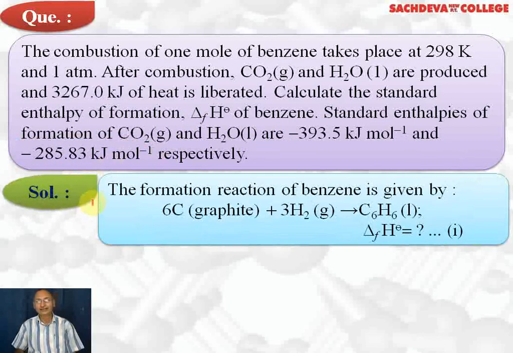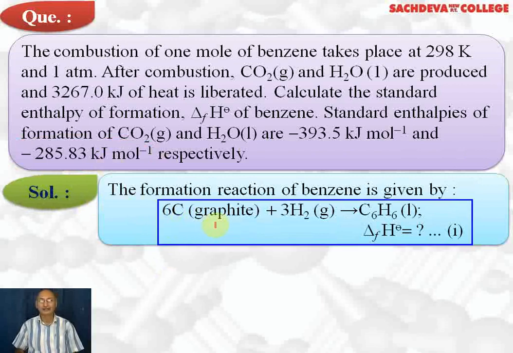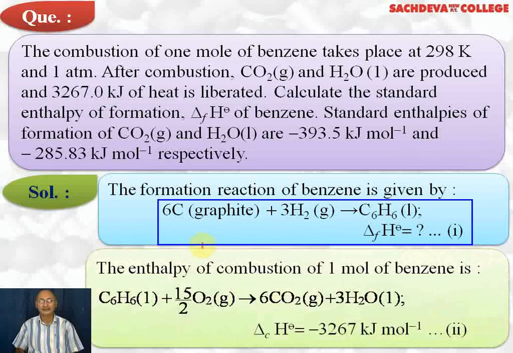The way of doing it, first we write the target equation, that is the formation of benzene. Formation of benzene takes place from the elements carbon graphite and hydrogen gas, and benzene C6H6 liquid is formed. So balanced: 6 carbon graphite plus 3 hydrogen gas gives you C6H6 liquid. We have to find out the heat of formation of benzene, meaning delta H of this reaction.